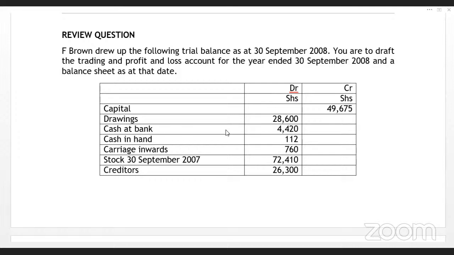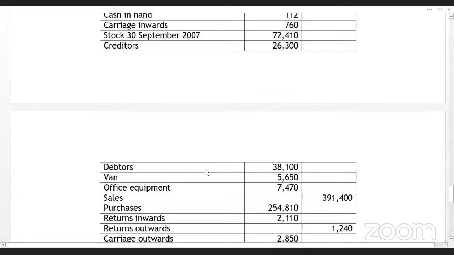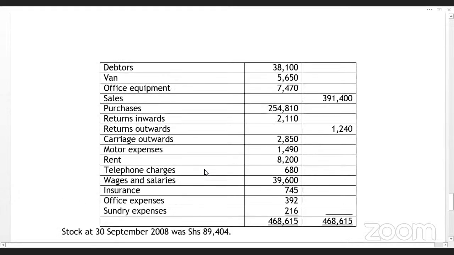Drawings 28,600. Cash at bank 4,420. Cash in hand 112. Carriage inwards 760. Stock 30th September 2007 72,410. Creditors 26,300.